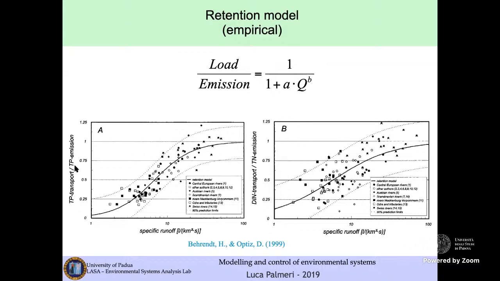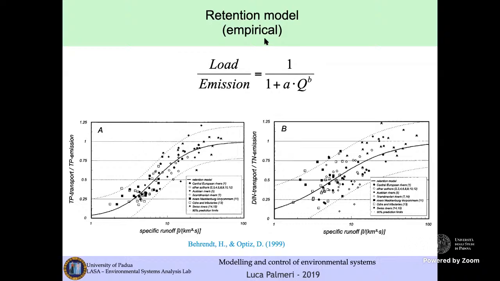So we have the ratio between what is produced and what is transported toward the receiving water body as a function of specific runoff. We have this for total phosphorus, and we also have this for dissolved inorganic nitrogen.